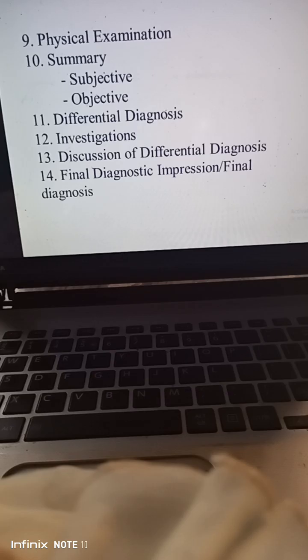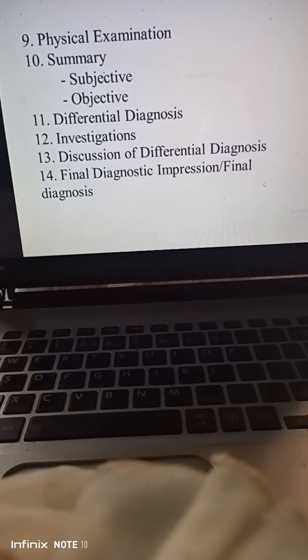And when you say objective summary, it is your physical findings, the findings that you have got from your patient, either by looking or touching, by feeling, by different techniques of physical examination. You find data that you call objective data.